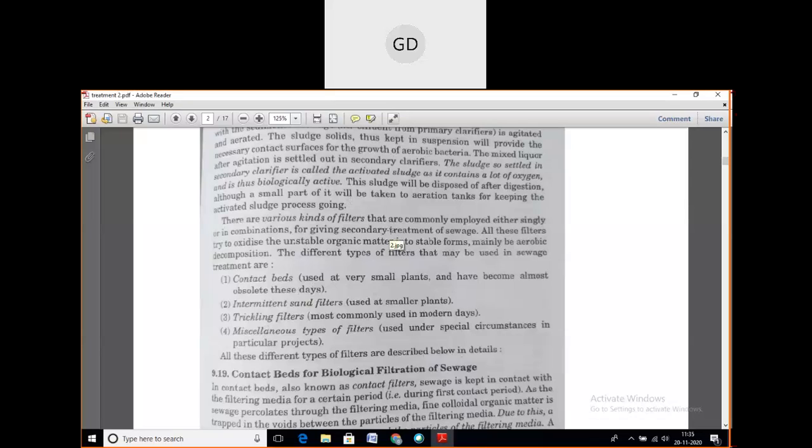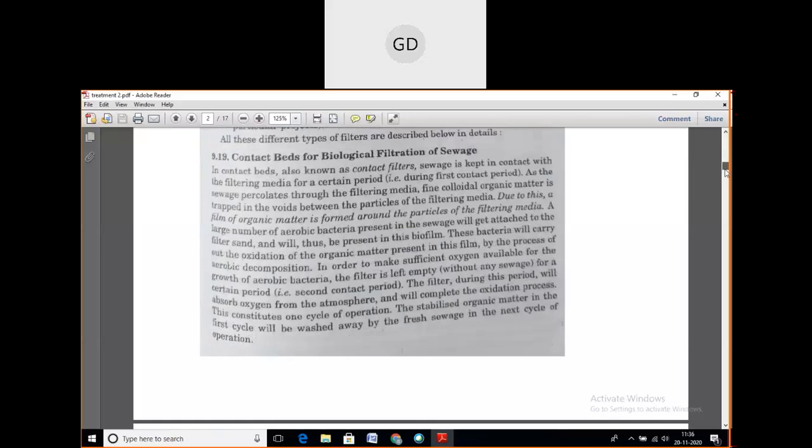Then number three is the trickling filter, which is most commonly used in modern days, so we will be discussing mostly the trickling filter. Number four is miscellaneous types of filters, which are used under special circumstances in particular projects. So we will go directly to the trickling filter.